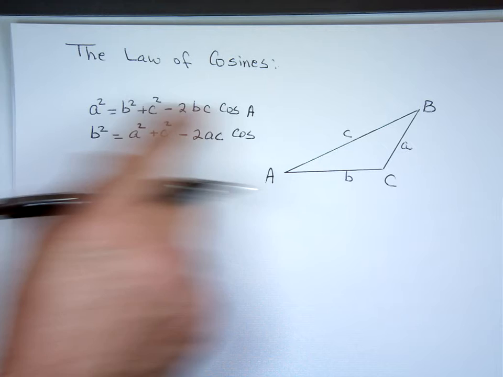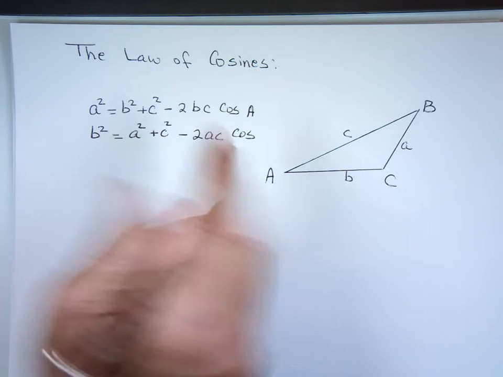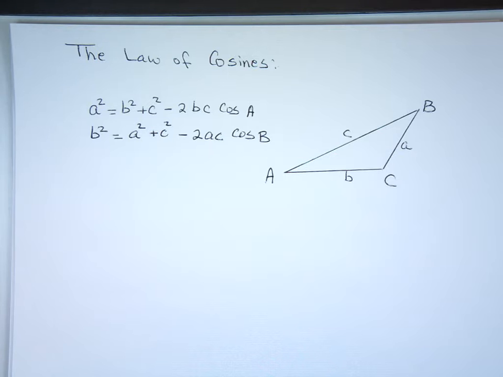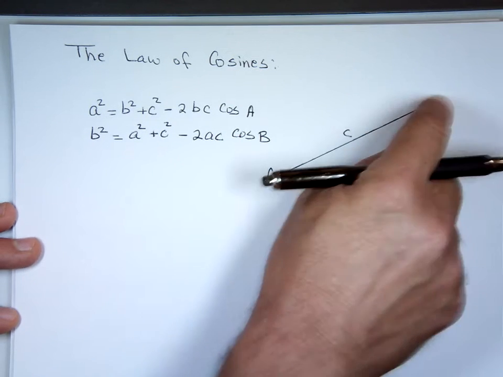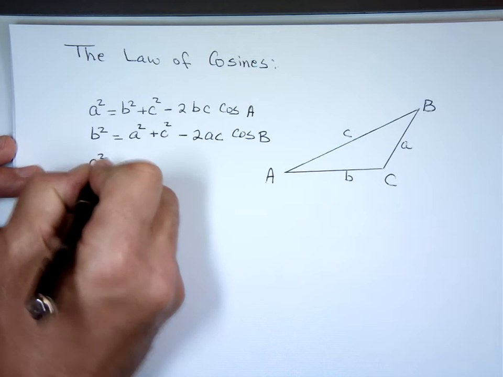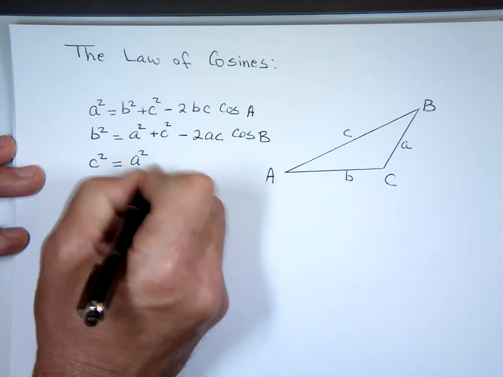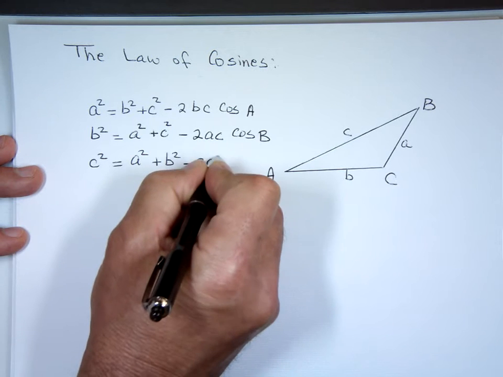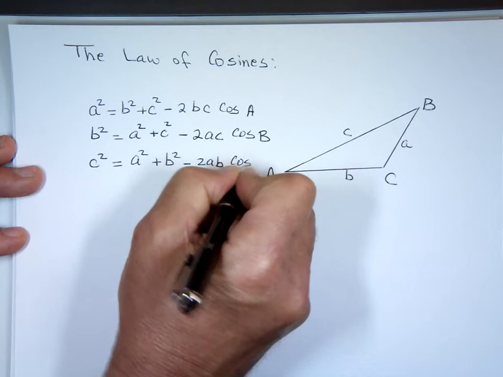So if this is A, the angle is going to be A. If this is B, the angle is going to be B. And if you want to write in terms of C, that's this side, you can say C squared equals A squared plus B squared minus 2AB cosine angle C.